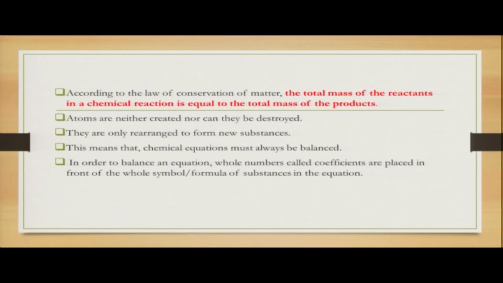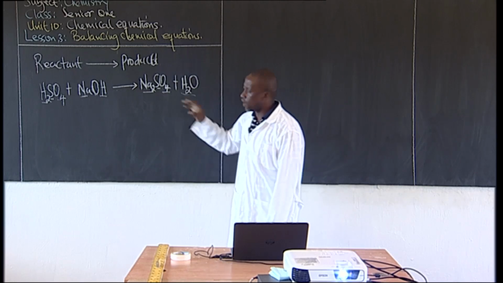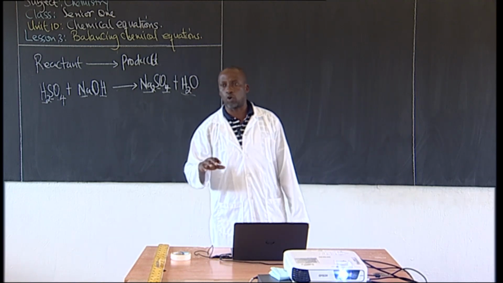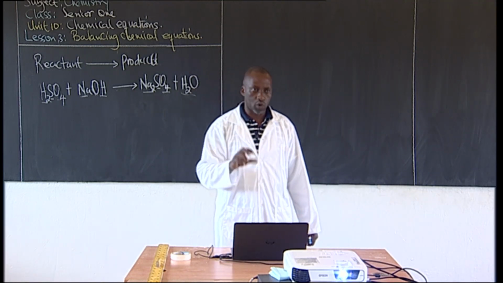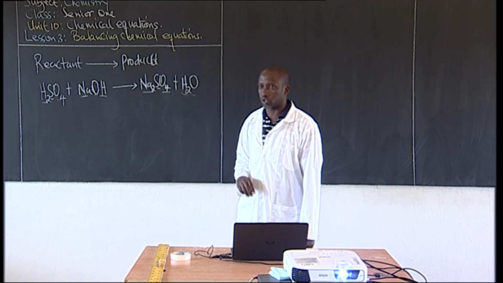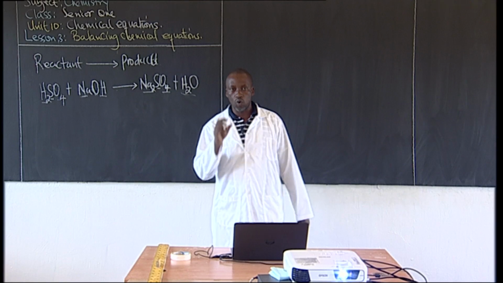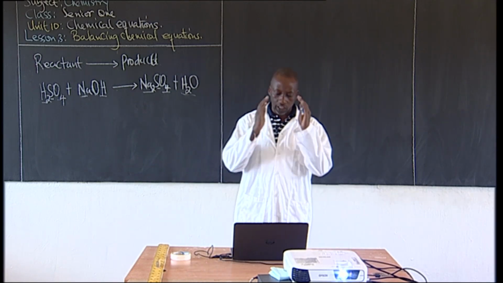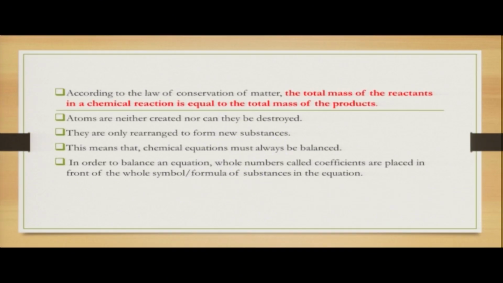For every chemical reaction that occurs, all chemical reactions must observe the law of conservation of matter. Let's go to the screen and see what the law of conservation of matter talks about. The total mass of the reactants in a chemical reaction is equal to the total mass of the products.